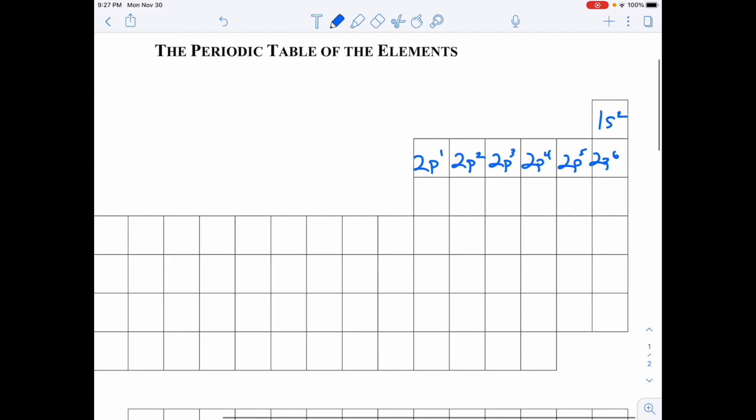And when the 3s's end, I start filling in the 3p's. You could do any of these configurations and confirm what I'm writing down. But you should be seeing something.